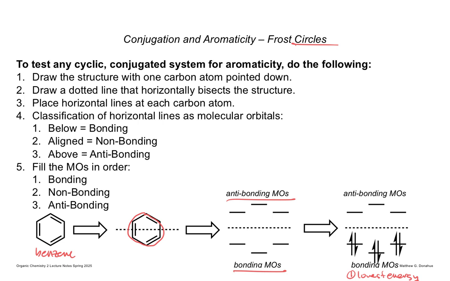So notice that within all the bonding orbitals, they're all filled and they're spin paired. So that's really what we're looking for. If you had any electrons occupying a non-bonding orbital or occupying an anti-bonding orbital, you can say that the compound at that point is not aromatic.